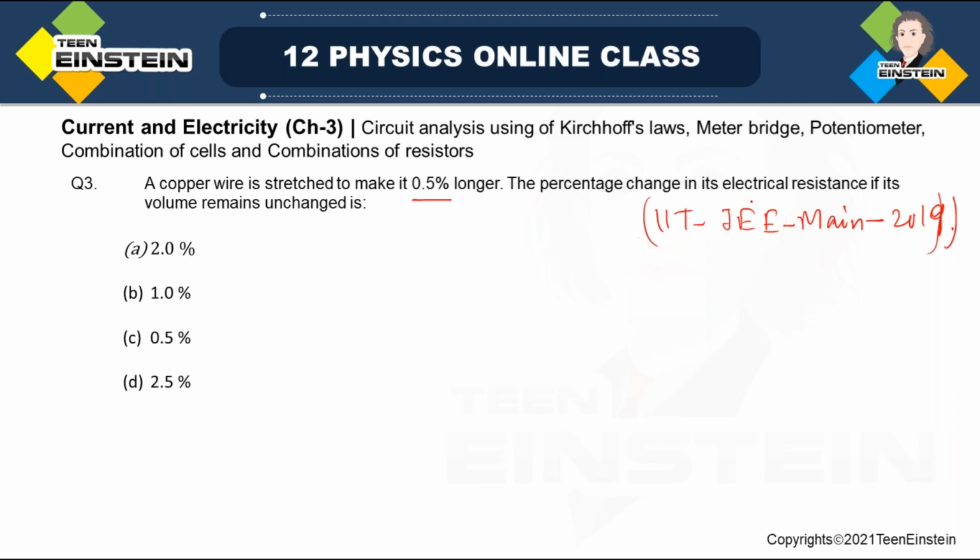The percentage change in the electrical resistance if its volume remains unchanged. Look, percentage change means I have to find out delta R by R into 100, which will give you the percentage change in the resistance. So this is what we have to do.